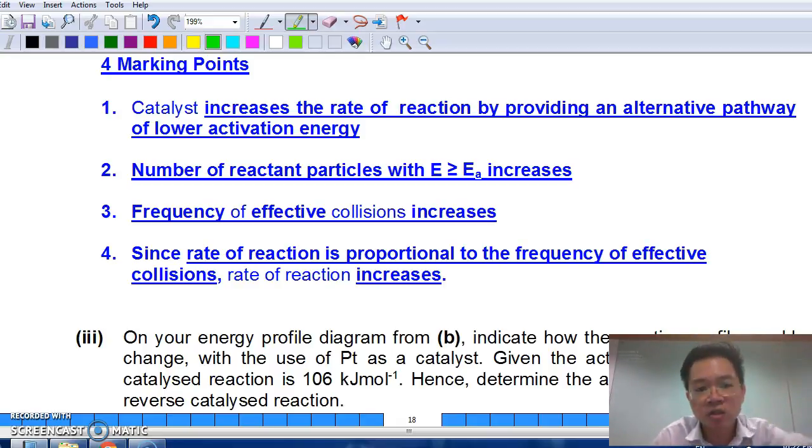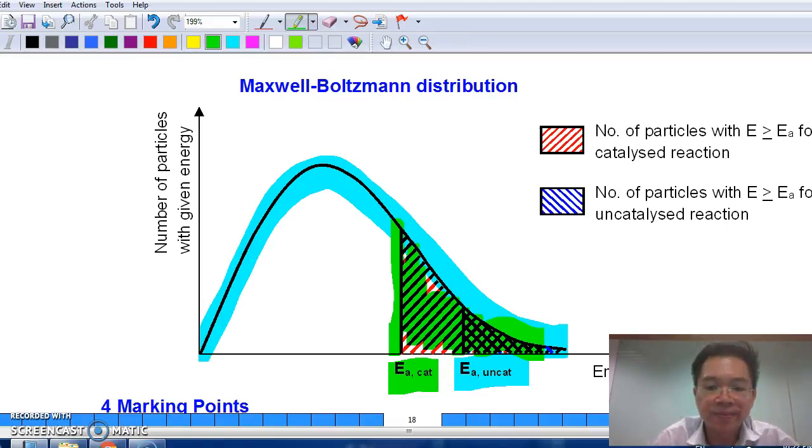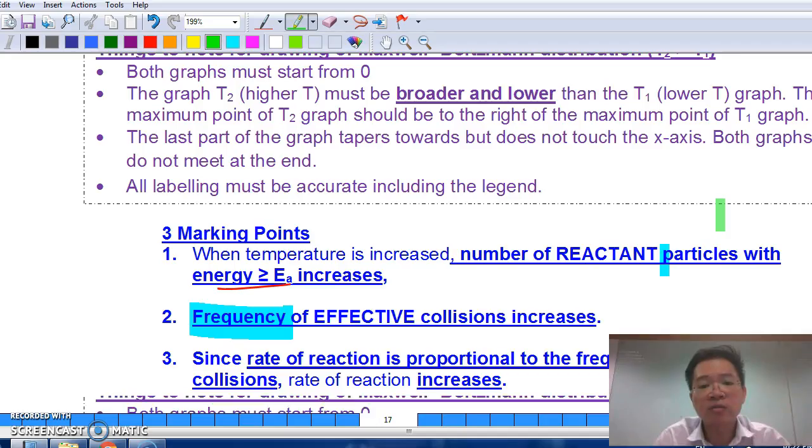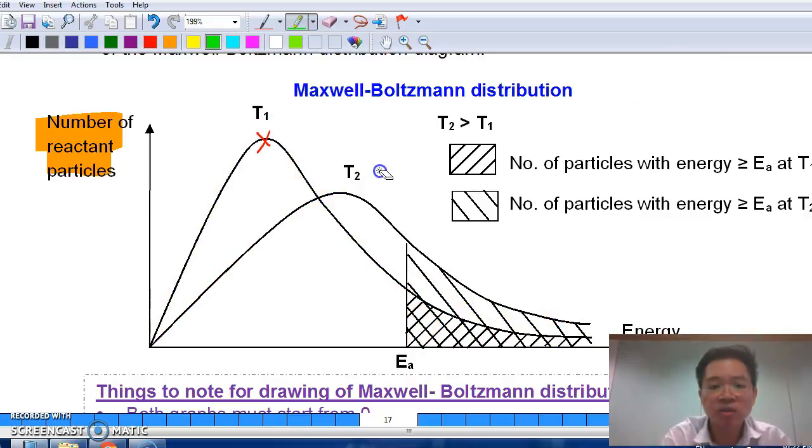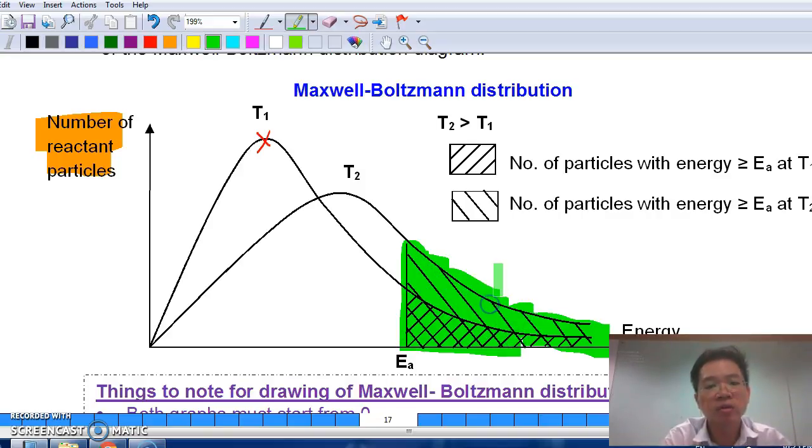For these two kinds of graph, I normally will use an analogy. An analogy for a class of students to score an A. What methods can I use to help students score an A? I can increase the temperature, by pushing more students to do well.